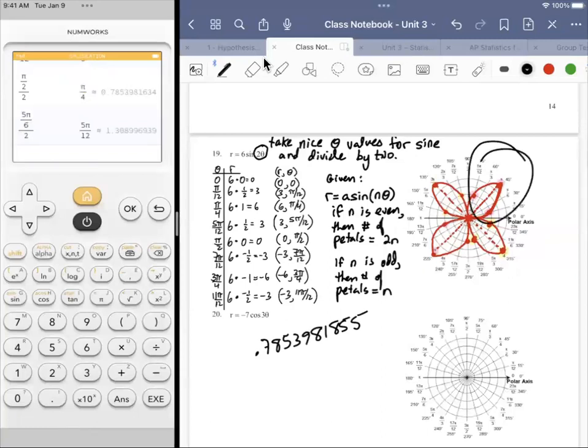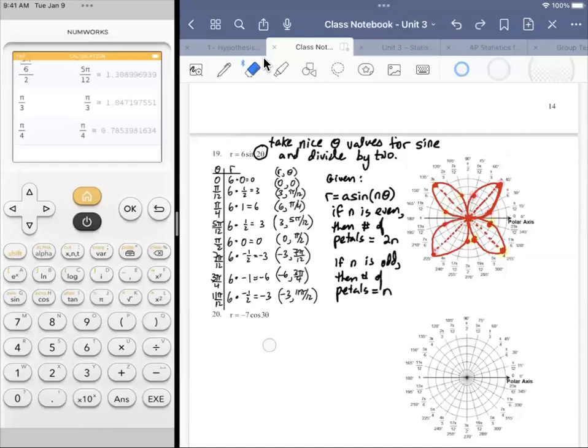You think, okay, maybe it's pi over 3. No, maybe it's pi over 4. Oh, look at that. Same decimal. So there you can pull out the actual value in terms of pi to get your points.